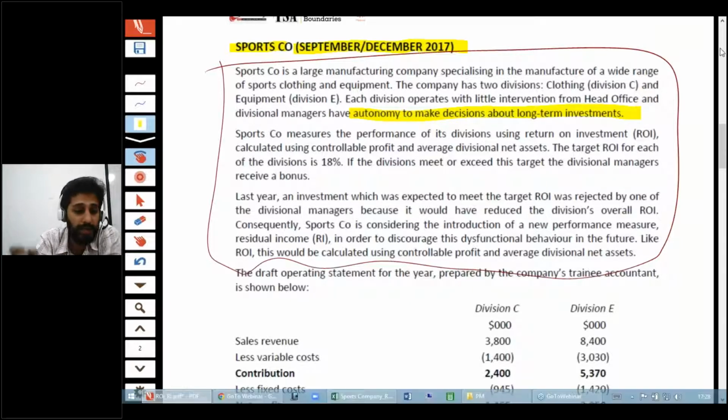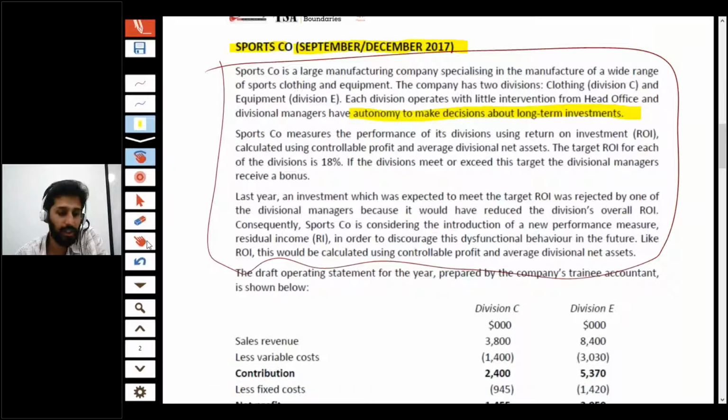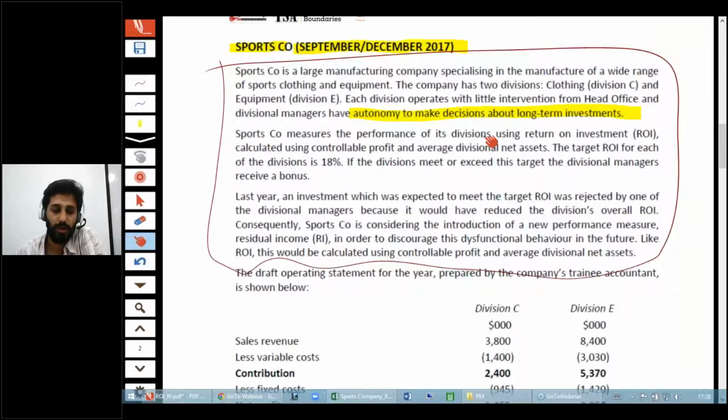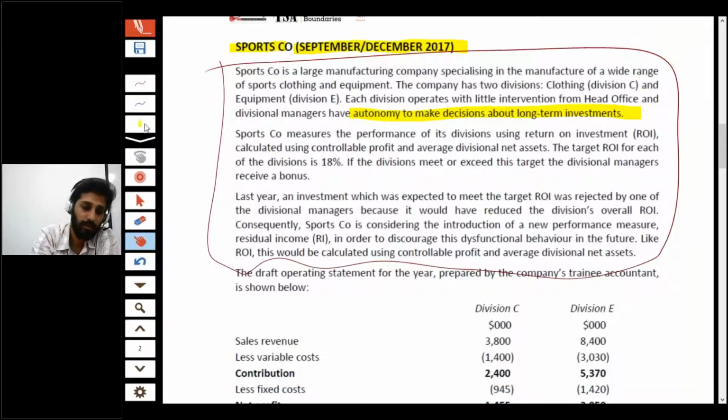One thing to be noted is that a division is said to be a division when it has decision-making autonomy. Now it is written that the sports company measures the performance of its divisions using ROI, that is return on investment, based on controllable profit and average divisional net assets.